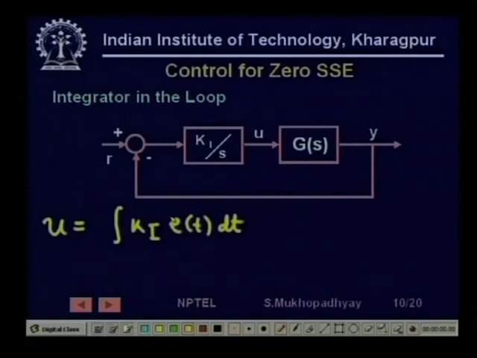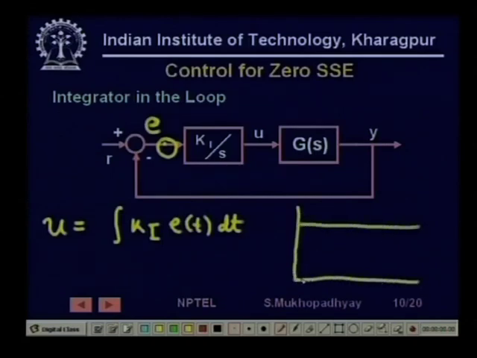Now you see that even if after some time at this point E goes to 0, suppose the error goes to 0, this is y, this level is r. Here the error is going to 0, but what will be the output of this block?